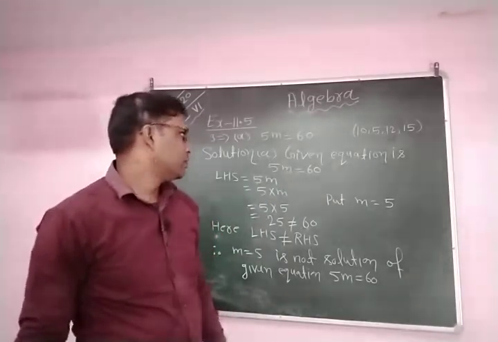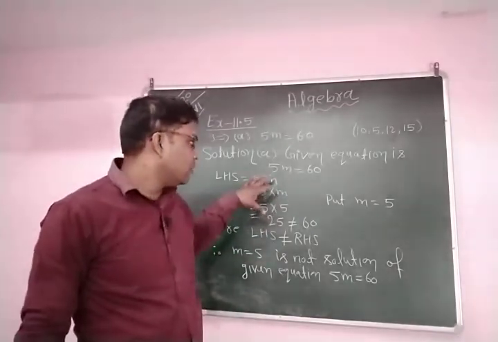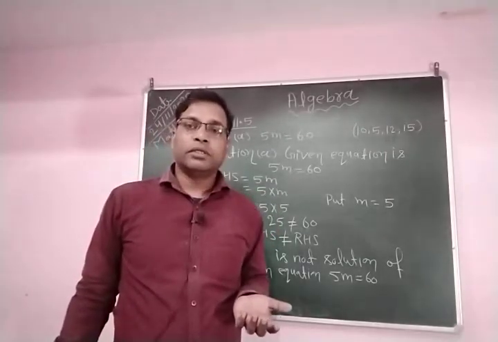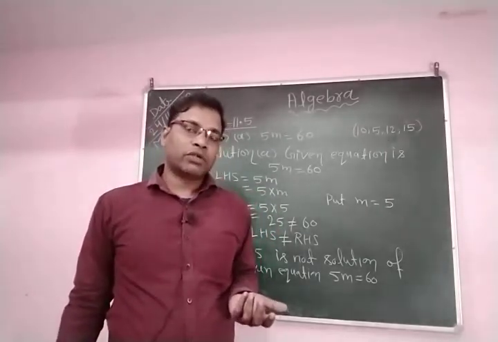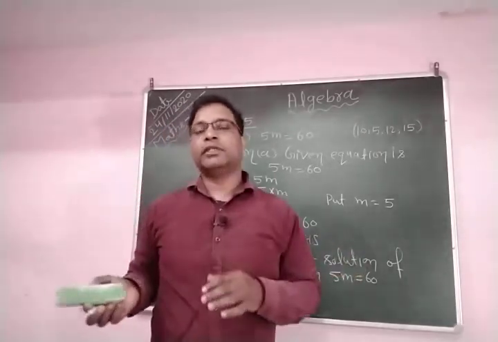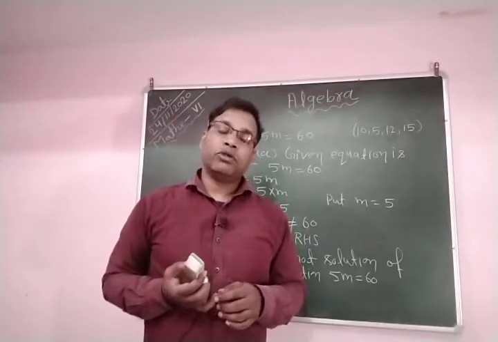So students, I hope all of you understood how to put the value of m and how you can know whether it is a solution of the given equation. If at that value the left hand side is equal to the right hand side, then m is the solution.